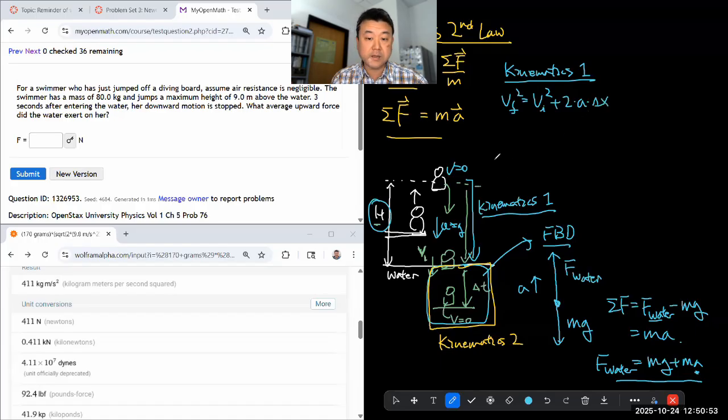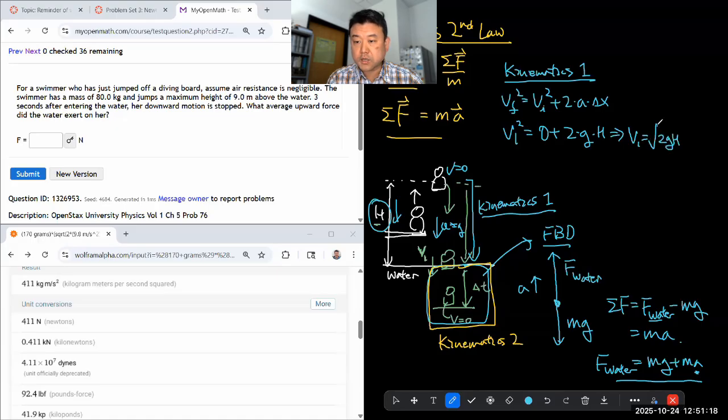Plug in the numbers: v1 squared is equal to initial speed 0 plus the acceleration g, and the displacement is h. Because acceleration and displacement are both in the same direction, the product is positive. So v1 is equal to the square root of 2gh.